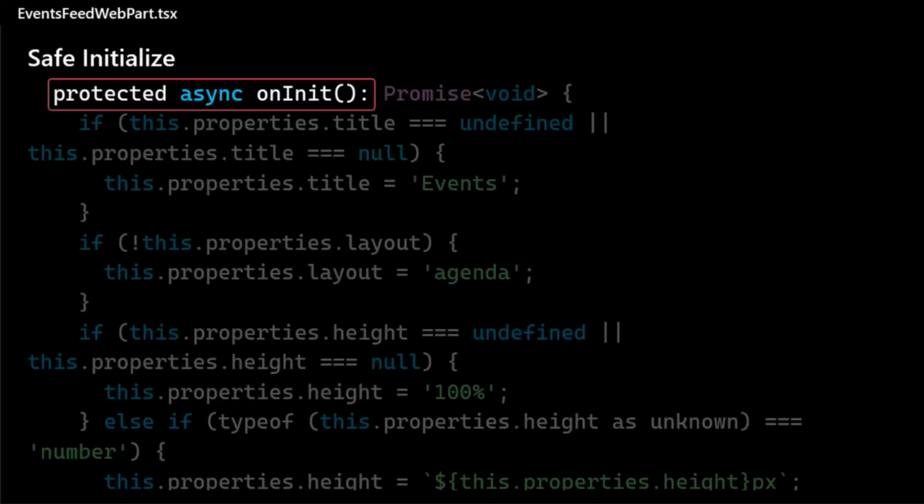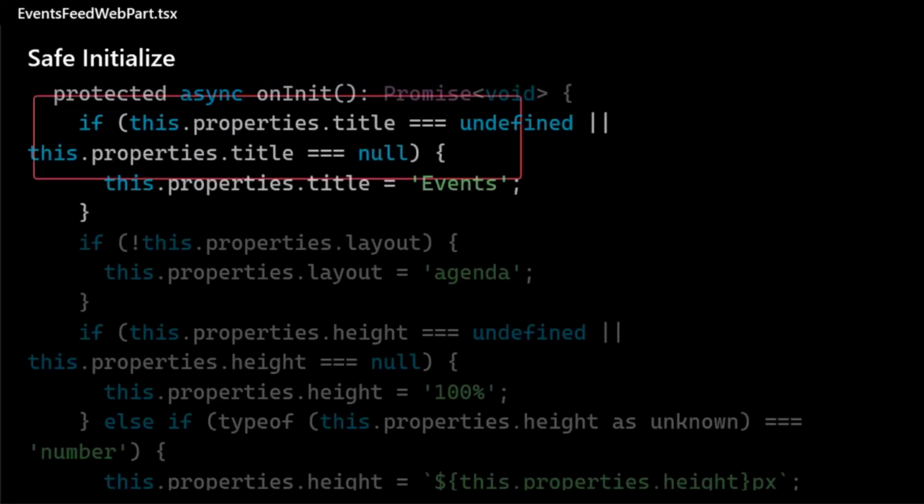But when we drop the web part in the first place, we don't necessarily have control over how these events are configured. Now you can always set up default properties in the manifest, but another thing that you can do is to make sure that when your code initializes on init, you can actually go configure default values.